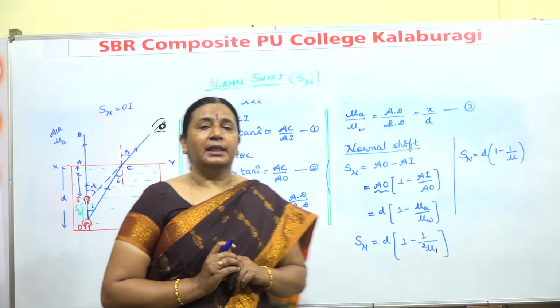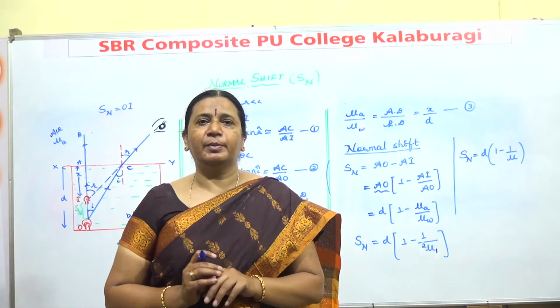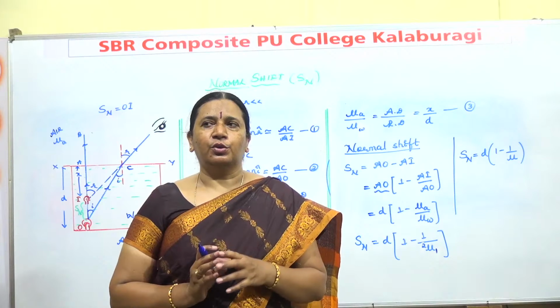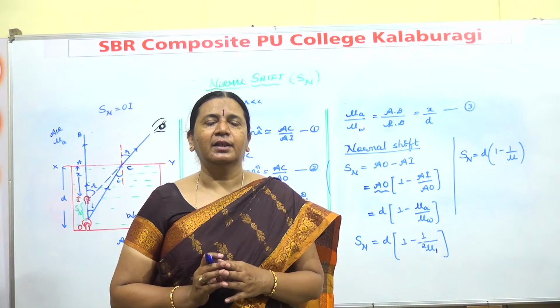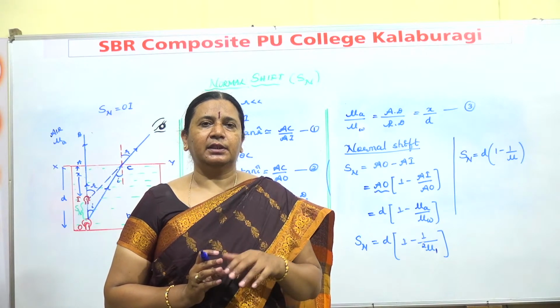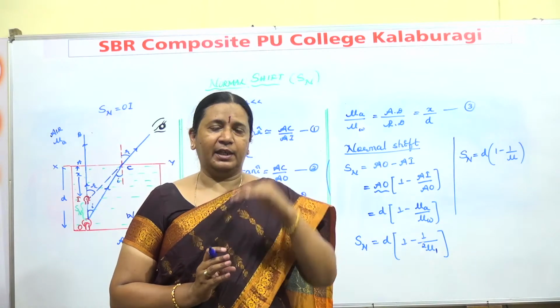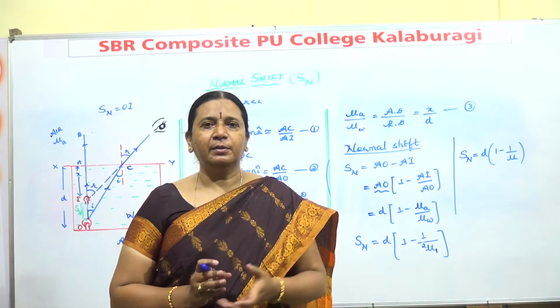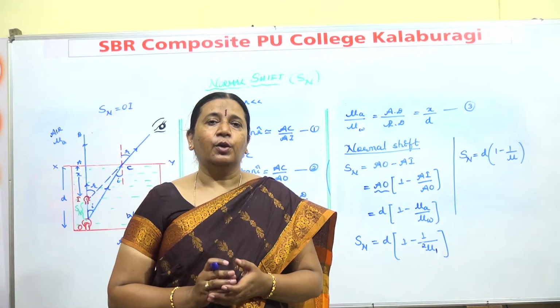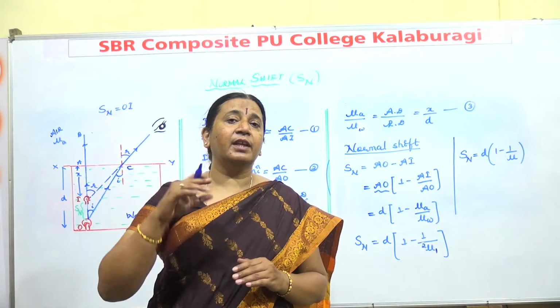Now, in normal shift, you'll be getting questions like the fish question: for any fisherman, where the fish appears to be, or for a bird flying above the ocean, where the bird appears to be, or for the fish, where the bird appears to be.